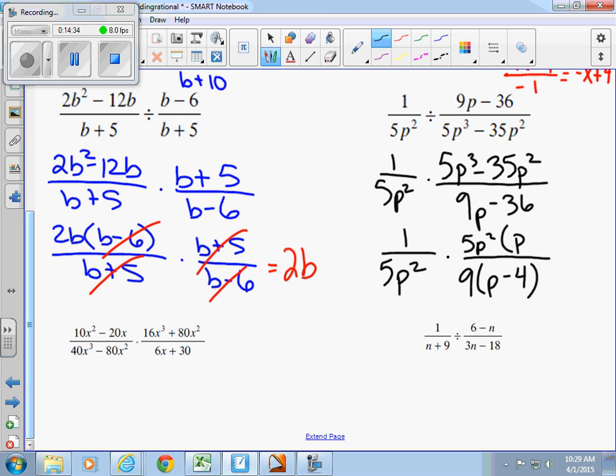You get p minus 7. So, what cancels? So I'm left with p minus 7 over 9 times p minus 4. I will accept the answer either in this format or with the 9 distributed through. Either way, if I were you, I'd leave it out just because it's stuff I don't have to do. But either way.